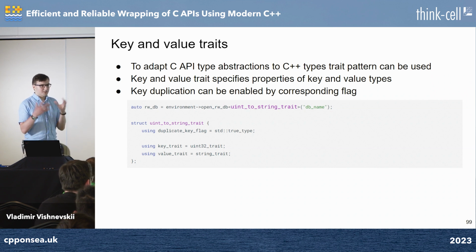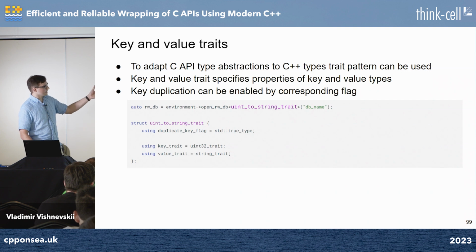In general, if we would like to build the bridge between our typing and the typing that is used by the framework, not specifically for LMDB. So here it is a template parameter, and here is just an example. We have traits. The key trait is the trait for the key object, the value trait for the value object. We have unsigned integer and string types. So we store the key as integer, the value is string.